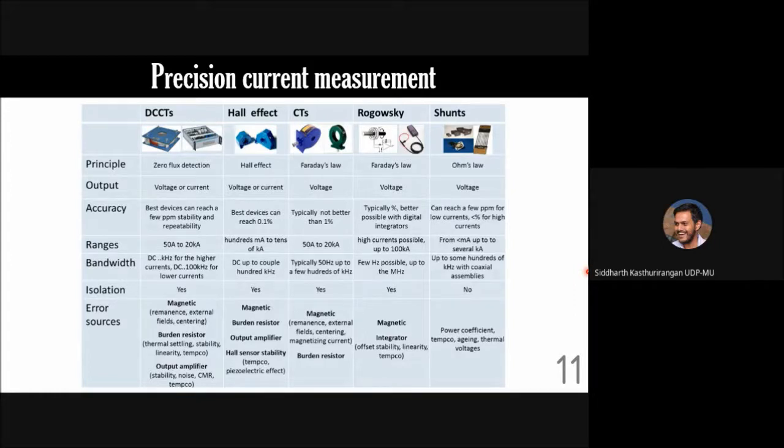My bottom line is there are various ways to do it, with very precise technologies which people have come up with. Some of them can go to very high precision like ppm level. Some of them are more 0.1% or 1% type of. All of these are available.